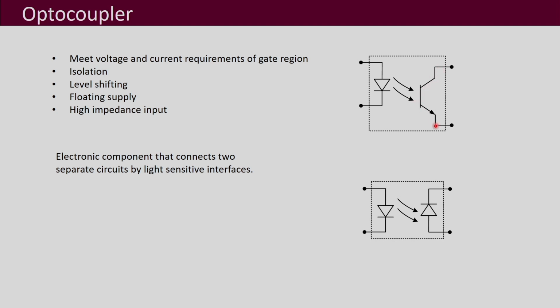So when you give a gate pulse like this, whenever it is high, the light emitting diode gets turned on, and then this transistor gets forward biased and also starts to conduct. That is how you get a signal over here.